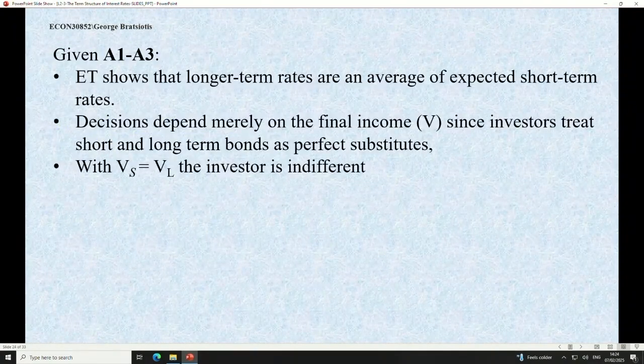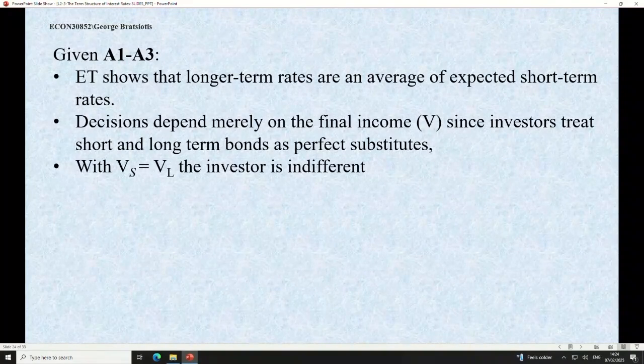So let me give you an example. Expectations theory shows that longer term rates are an average of expected short term rates. So based on these assumptions, decisions depend merely on the final income they will receive. So they don't care about transaction costs.